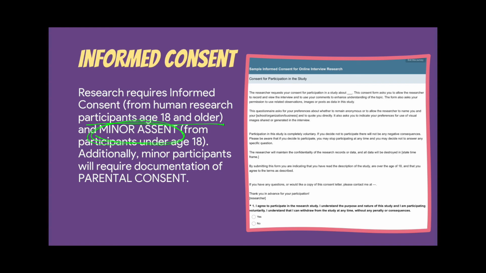However, for minor respondents, in order for the participant to be part of the study, the minor participant needs to sign a minor assent, and at the same time, their parents or their guardians must sign a parental consent as well.